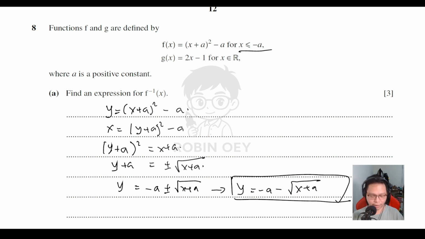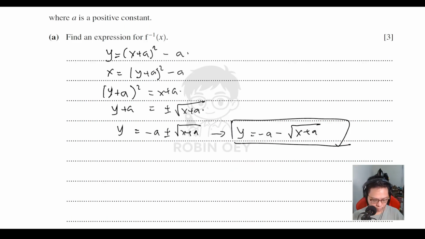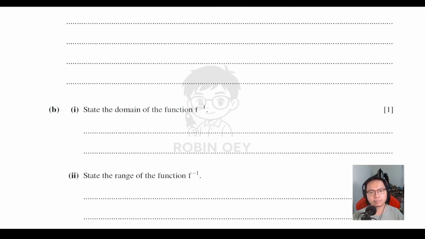The main function is x plus a squared minus a.